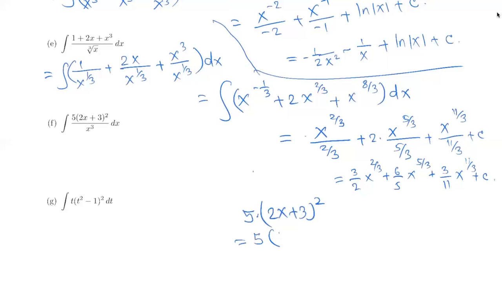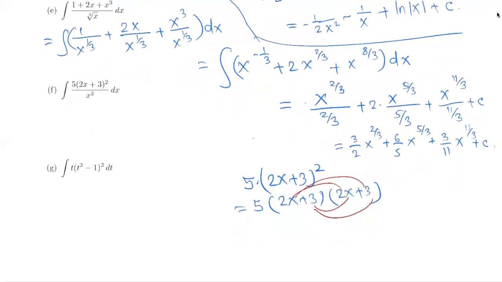5, (2x plus 3) squared means (2x plus 3) times (2x plus 3). And you're going to FOIL: first, outer, inner, last. Then when you multiply, this is 5 times 4x squared, 6x, 6x, 9. 6x plus 6x, they are like terms.